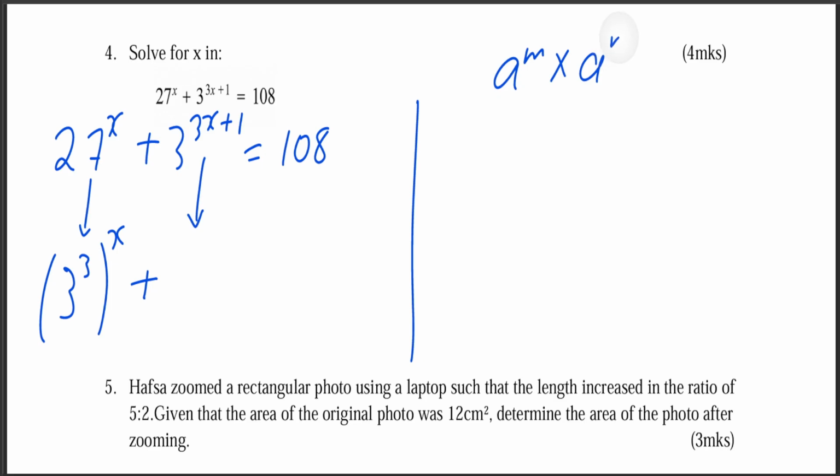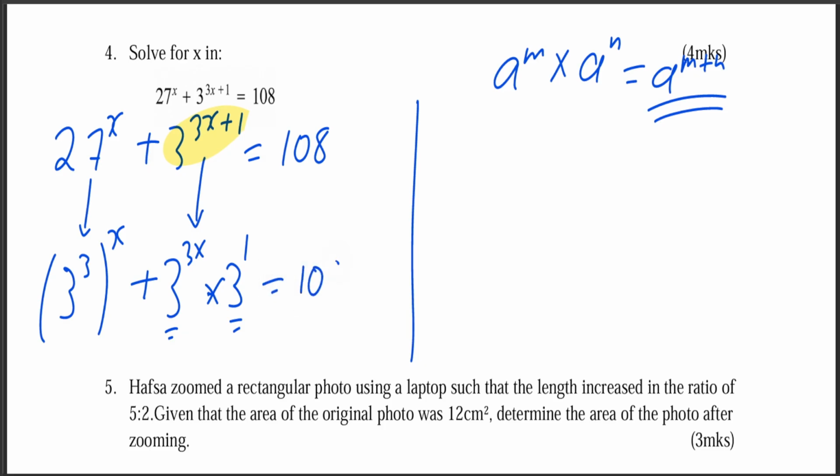So a to the power m times a to the power n gives you a to the power m plus n. So it's the same thing here. Originally it was like this: 3 to the power 3x times 3 to the power 1. When you multiply the same bases with different powers, you normally add the powers. So originally it was supposed to be this, is equal to 108.